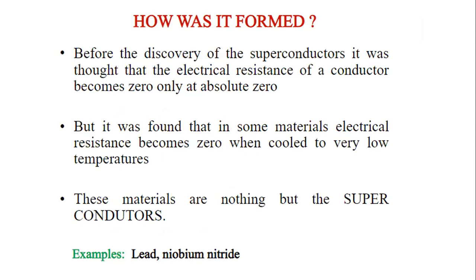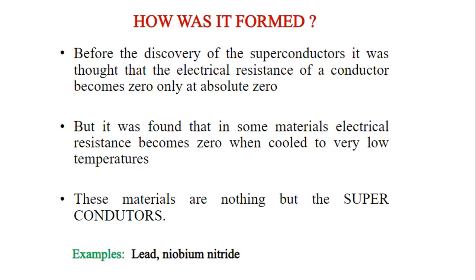Now, how this superconductivity is actually formed, that is a $1 million question. Before the discovery of superconductors, the electrical resistance of a conductor became zero at absolute zero temperature.